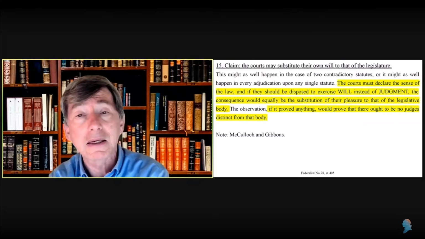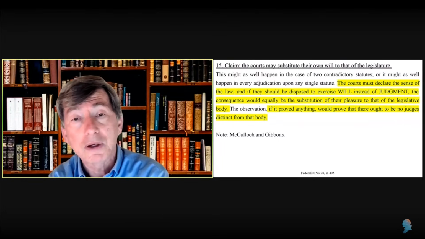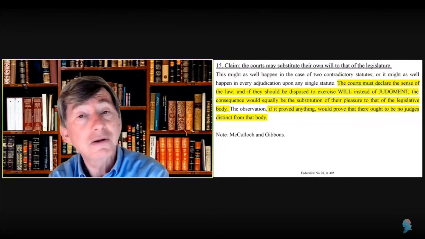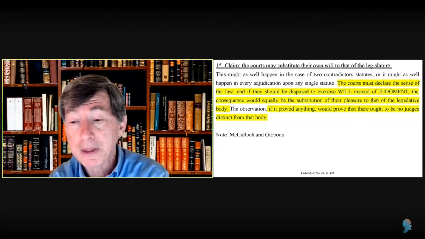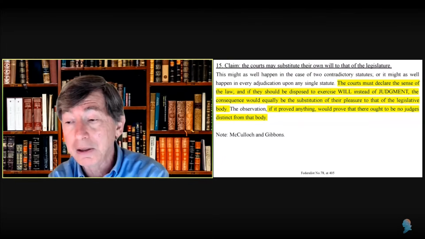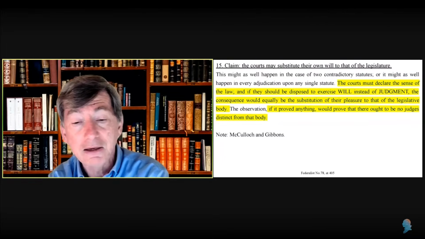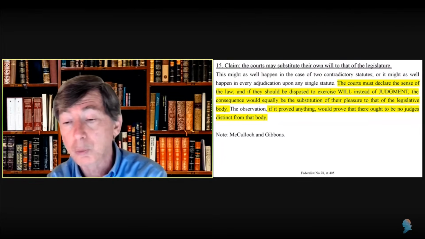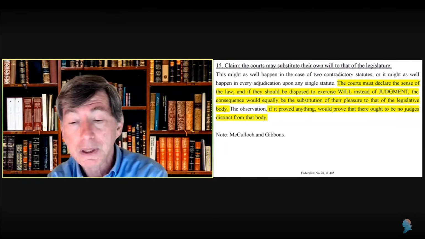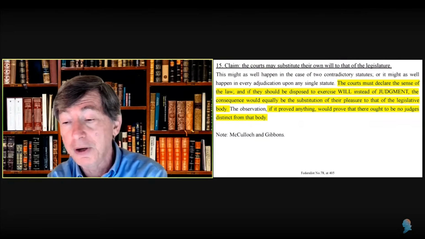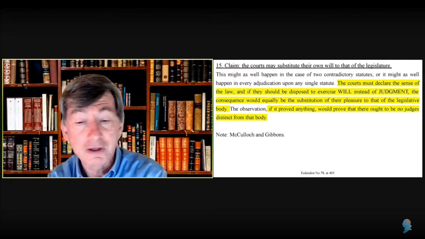In the case of the bank, later on, what the Congress did was not continue the bank, and the Congress was free to do that. The courts must declare the sense of the law, and if they should be disposed to exercise will instead of judgment, the consequences would be equally the substitution of their pleasure to that of the legislative body.